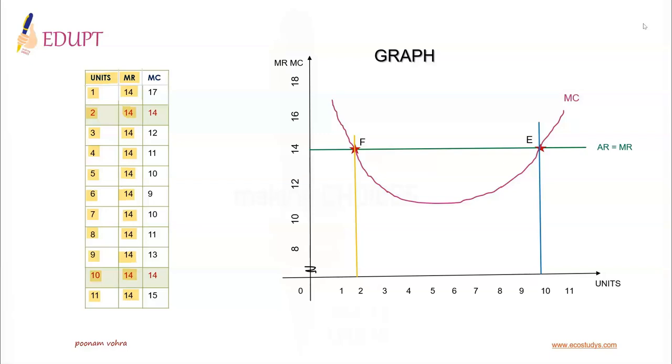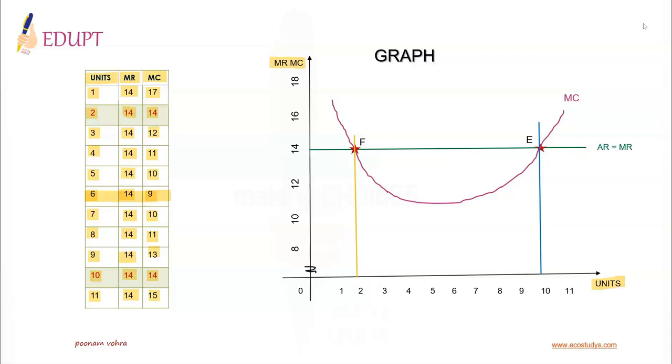So far as marginal cost is concerned, it initially falls, reaches its minimum when 6 units of output are produced and sold, and thereafter it increases. This can be shown diagrammatically when units produced and sold are taken on the x-axis, and marginal revenue and marginal cost on the y-axis.